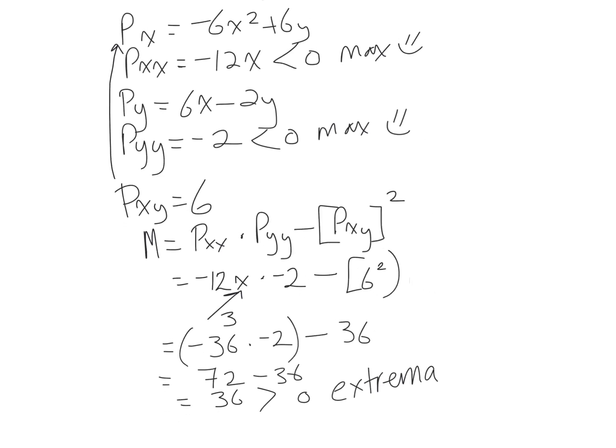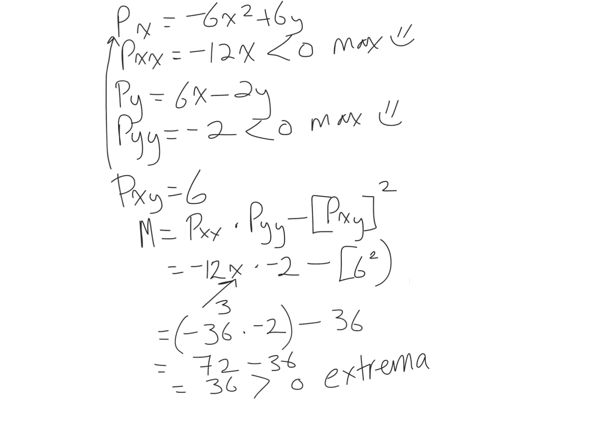Okay. So one last thing we're left to do, of course, is to determine what is that maximum profit. If we have the cost of gasoline at $3 and the hourly wage at $9, what would be that maximum profit? Okay. So we're going to substitute into the original function.